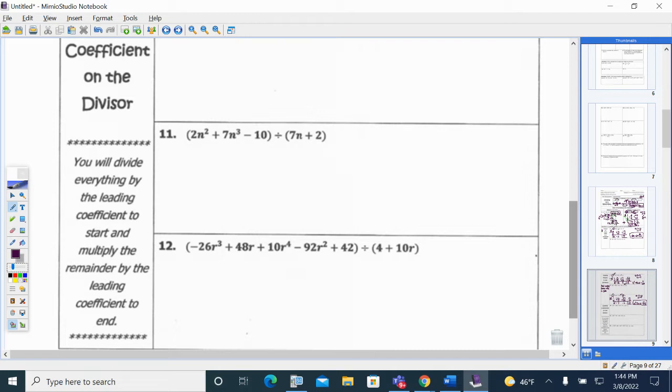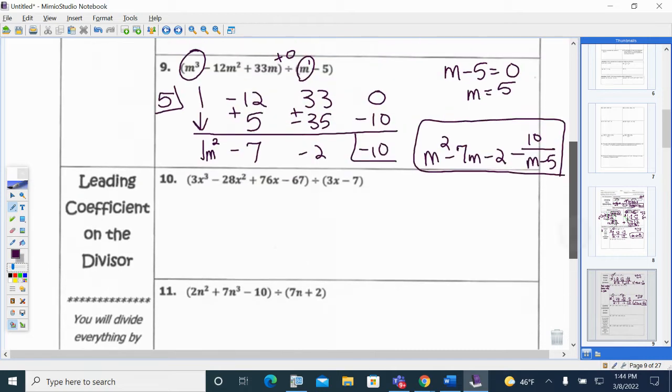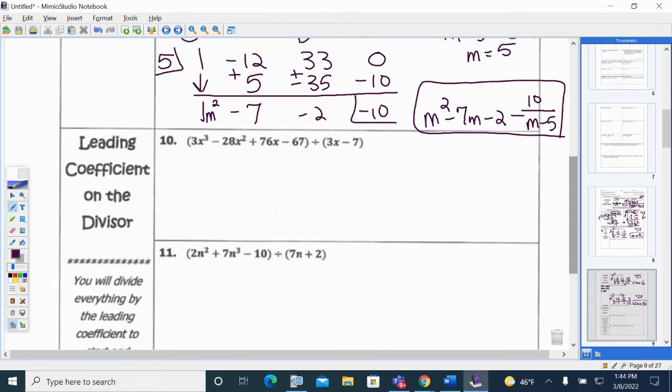So let's look at what that might look like. On number 10, 3x cubed minus 28x squared plus 76x minus 67. Everything's there, have no missing terms. But then I'm dividing by this 3x minus 7. So we're going to divide everything in here by 3. And I'm going to warn you up front, you are going to have fractions as you go through this process.